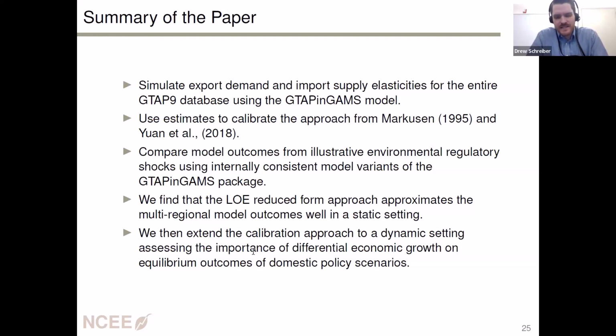We use those estimates to calibrate a reduced form approach in the literature, and then we use that reduced form approach to compare with an internally consistent multi-regional model, and find that the reduced form approach approximates the multi-regional model well in a static setting, and then we do some comparative exercises in a dynamic setting to see what might matter in projecting those elasticities forward.